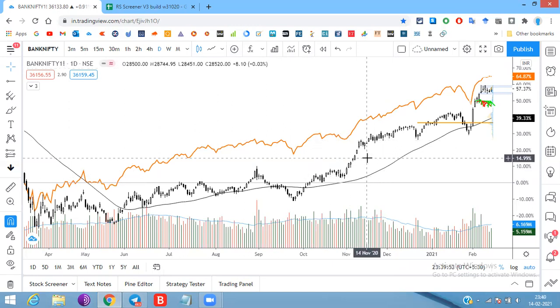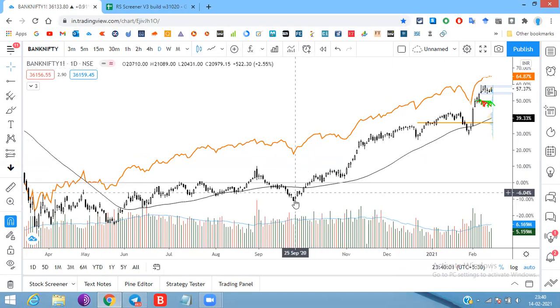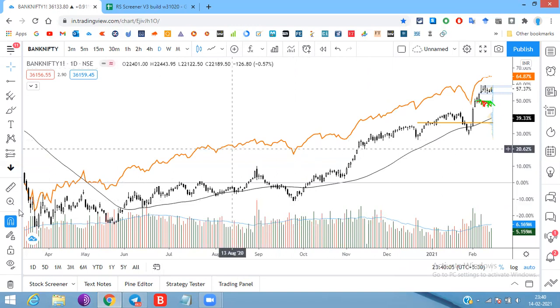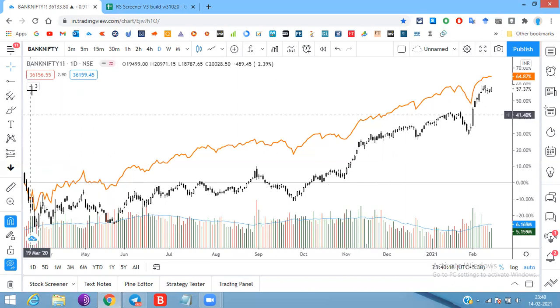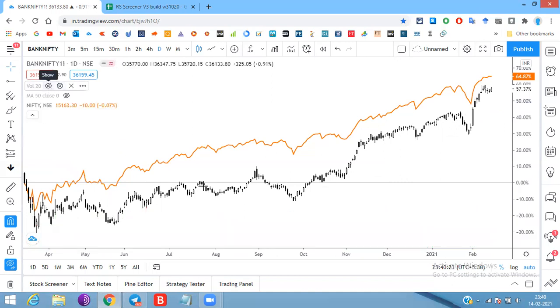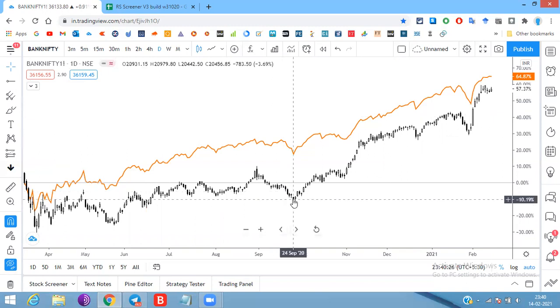So you have to set the base date, the look back period. Previously in ARS, the look back period was the 24th of September. So let me take out all the drawing things. And let me take out the moving average as well, so as to remove the noise of the charts. Let me take out the volumes also. Okay. So the 24th of September was our base date for ARS.